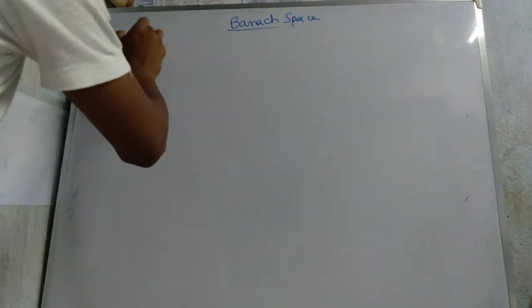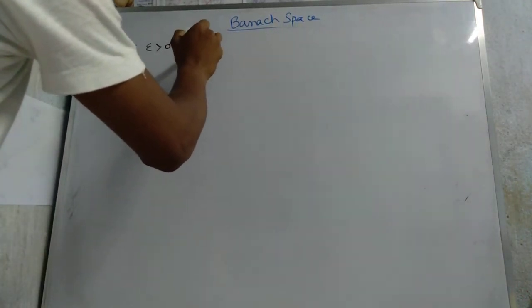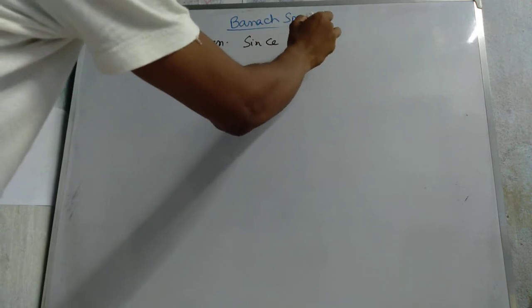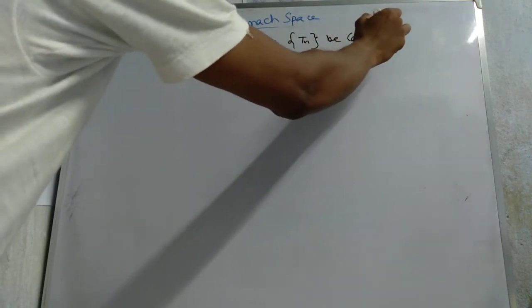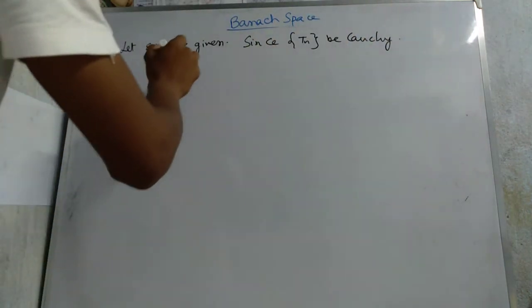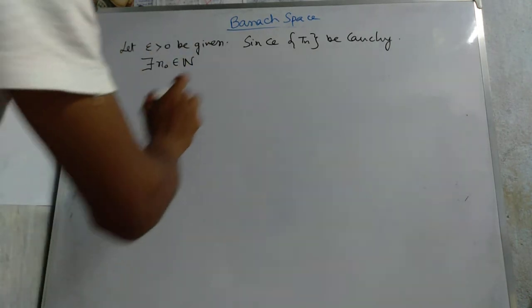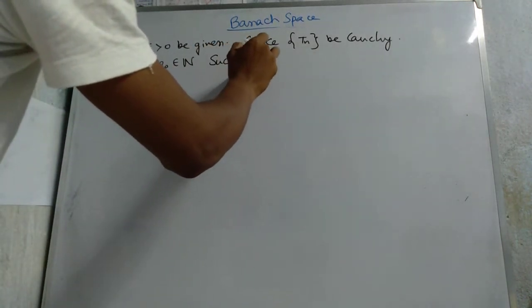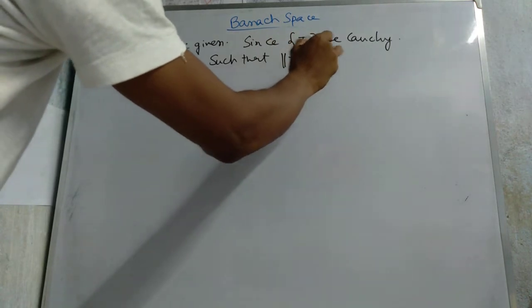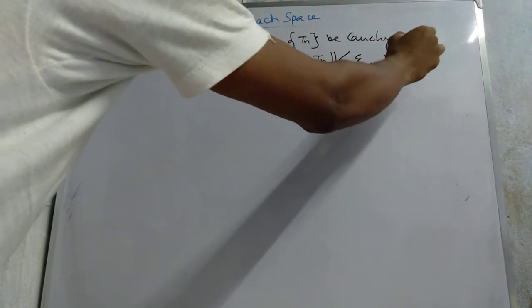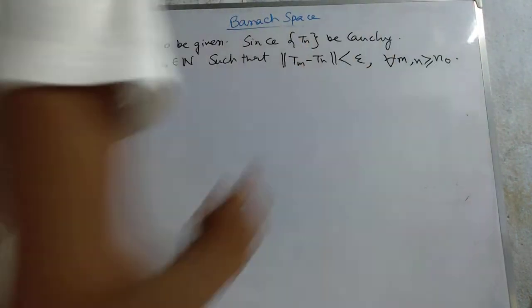Now what do we do? Let epsilon greater than 0 be given, and since Tn is Cauchy, there exists n0 belongs to N such that the norm of Tm minus Tn is less than epsilon for all m, n greater than or equal to n0.